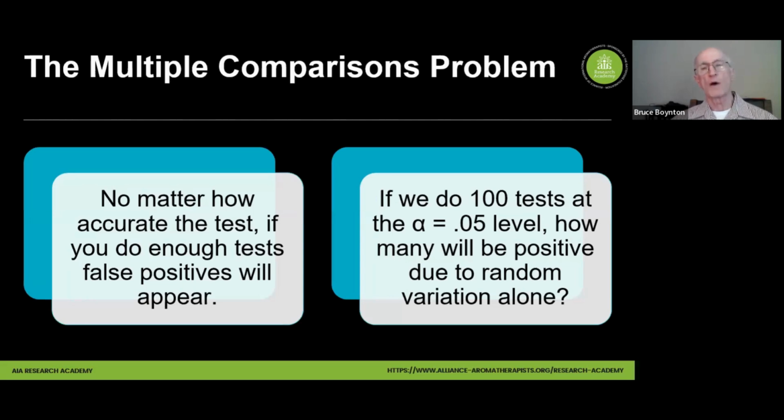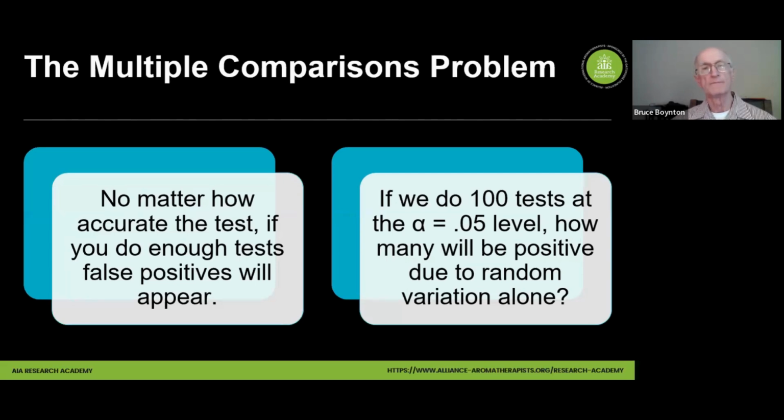And here's a little question. If we do 100 tests at the alpha equals 0.05 level, so the risk of calling something positive when it's really negative is only 5%, 1 out of 20, 5 out of 100, how many of these 100 tests will be positive, not because there was a real difference, but just due to random variation?